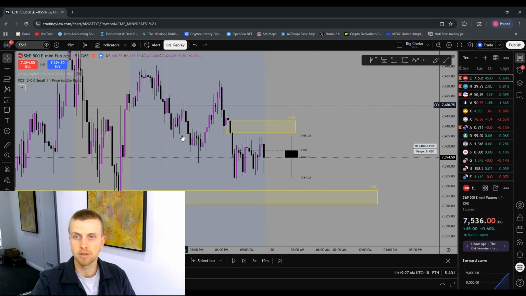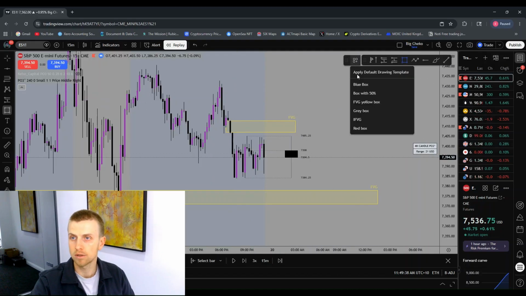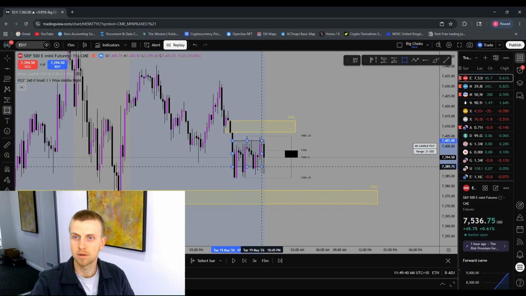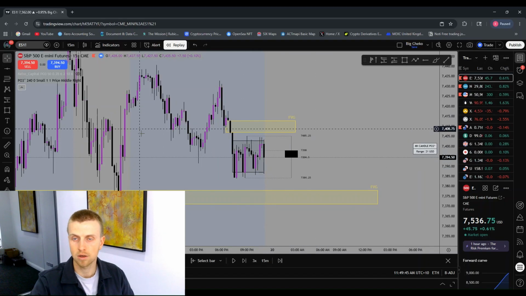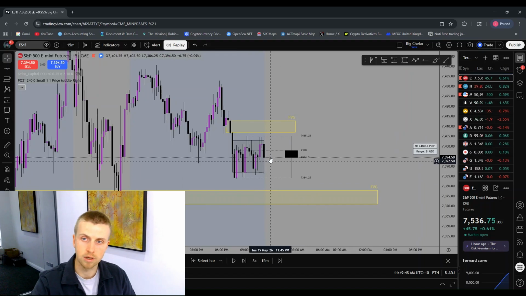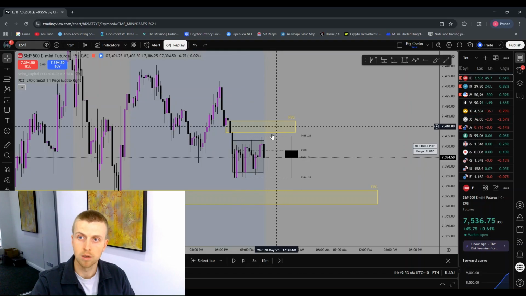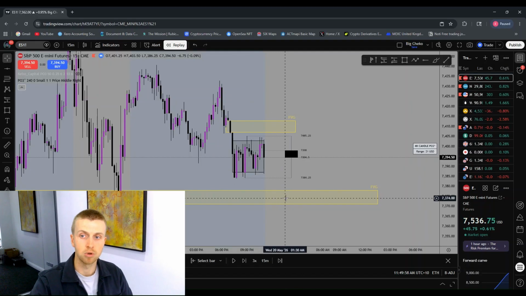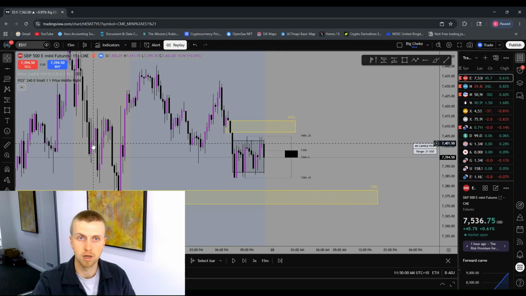Also, we can see that price has been moving down and it's starting to consolidate in this little range at the 4-hour candle open. So this is what we classify as accumulation in this zone right here. Classic accumulation. What we want to see is, will price manipulate above this zone up into a 15-minute fair value gap, or is it going to manipulate down below into a 15-minute fair value gap?